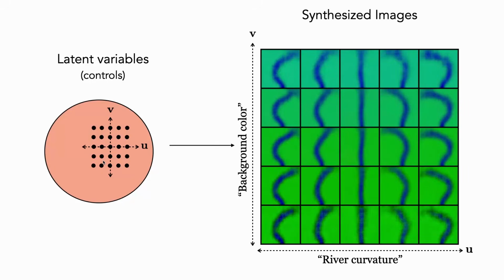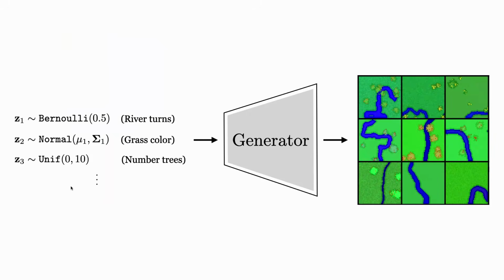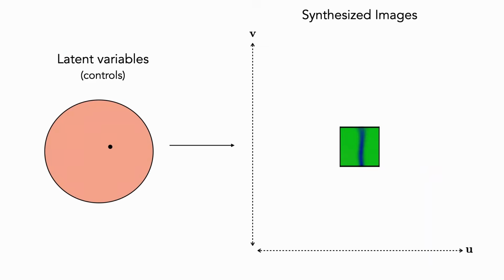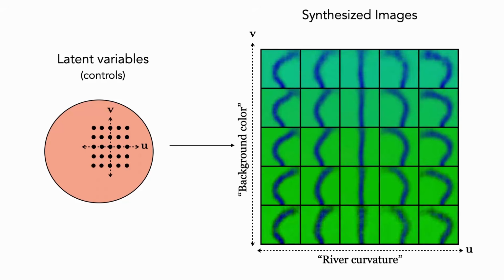And those types of visual variation actually do relate to the underlying parameters that define causally how the data was generated. Like there is a causal process, a Python program I wrote that takes these attributes and turns them into rivers and grass and so forth. And one of those attributes is the grass color, which is a normal distribution. So there's one dimension of the latent space that generated the data that should control grass color, and the VAE actually recovers that. So it identifies that true causal factor in the data.